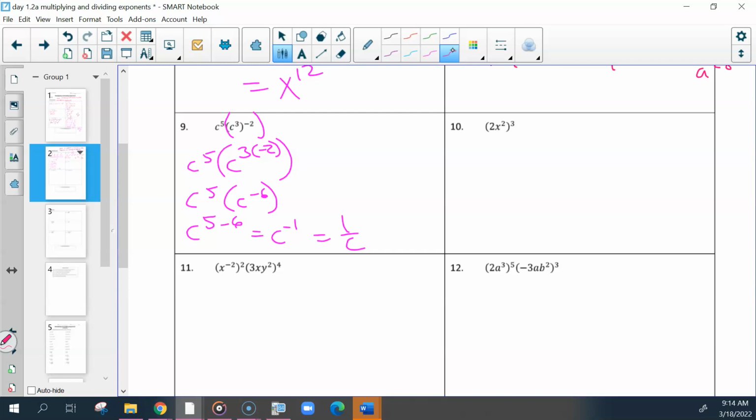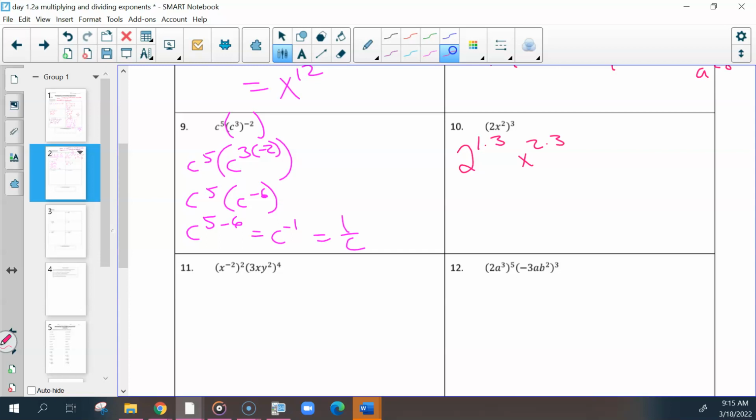Number 10. So now we have two things in your parentheses being raised to this exponent. They are both going to be raised to this exponent. Kind of think about this like you're taking this exponent and you're distributing it to the exponents only. So this would be the equivalent of 2 to the 1 times 3, and then x squared times 3.